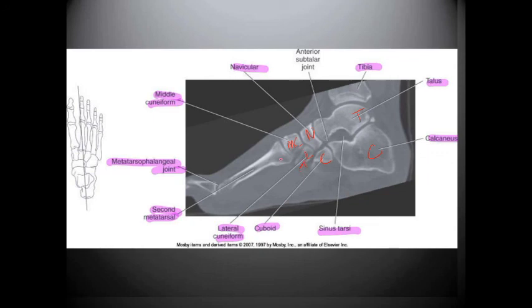This is debatable here whether this is lateral or intermediate, but either way we have the metatarsophalangeal joint, tarsometatarsal joint, proximal phalanx of the second metatarsal, sinus tarsi, subtalar joint, talocrural joint, intertarsal joints.